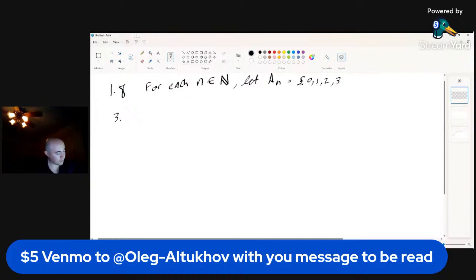I just wanted them in a box, so to speak. So I said let C be defined as that equation, and that's totally acceptable in math. For each n being a member of the natural set, let a sub n equal 0 to n. So presumably from 0 to infinity. Okay, that's fine.